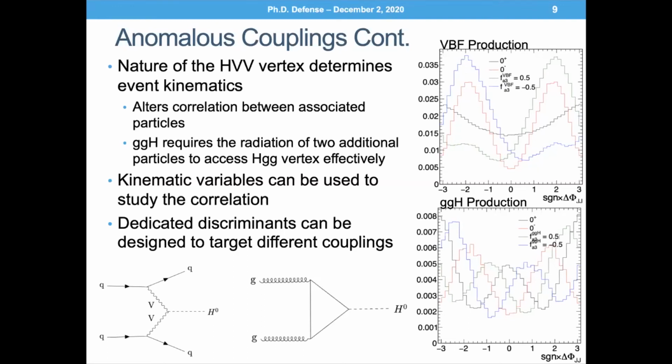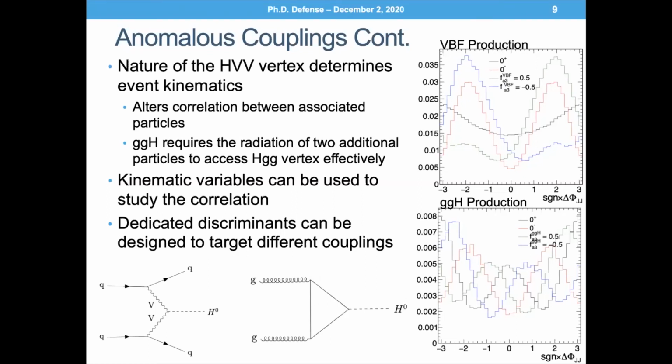And as I mentioned, there's these 2 quarks produced in association with the Higgs. And so based on the nature of the coupling, the correlation between these 2 quarks will be different. And then for the GGH production here, you can see there's no associated particles produced here. So in order to access the coupling, we need to have 2 additional jets radiated away during the Higgs production.